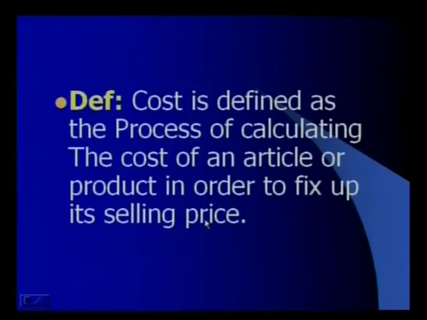The actual definition: costing is defined as the process of calculating the cost of an article or a product in order to fix up the selling price of a product. So, to fix any selling price of a product, this is an important topic in which we discuss the elements of costing.